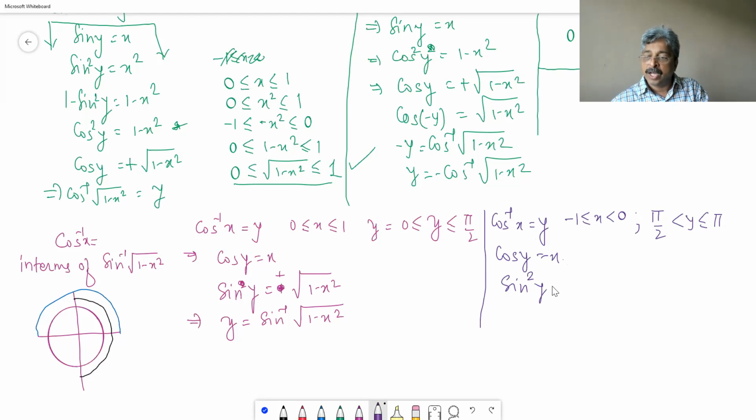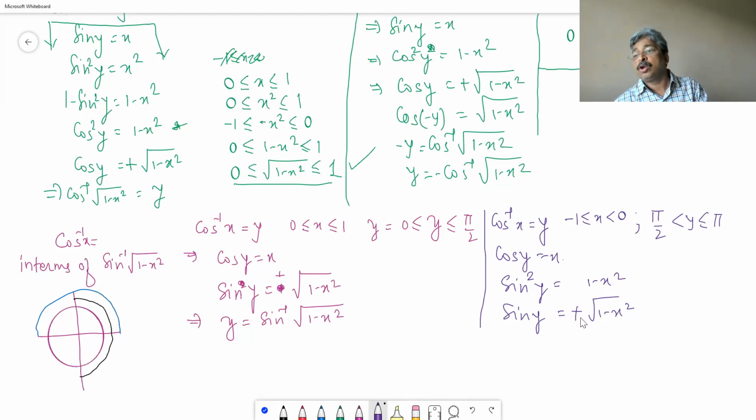We arrive at sine square y is equal to 1 minus x square. If I write down sine y here, of course I am supposed to write radical 1 minus x square, but y is in this zone, therefore sine y will be positive, no issue.